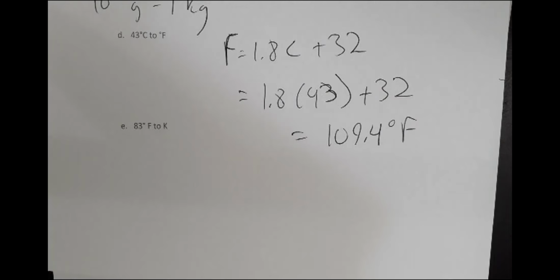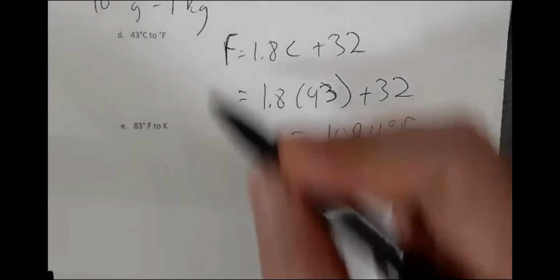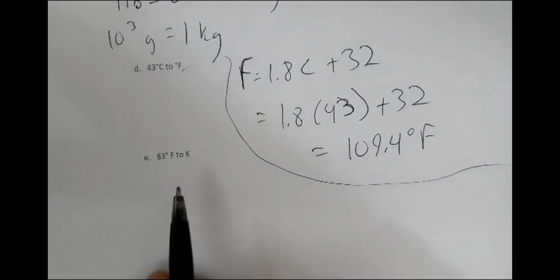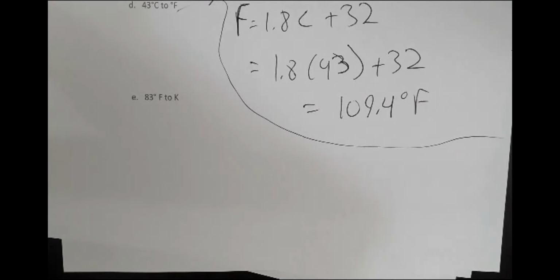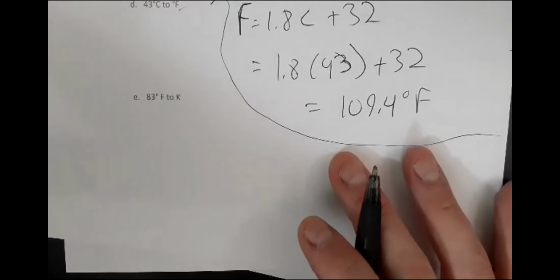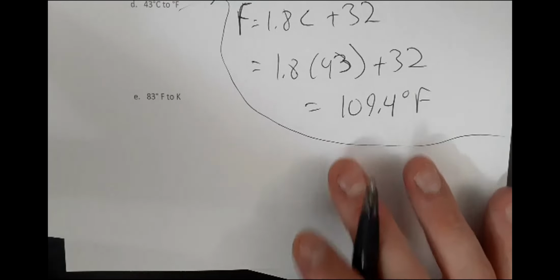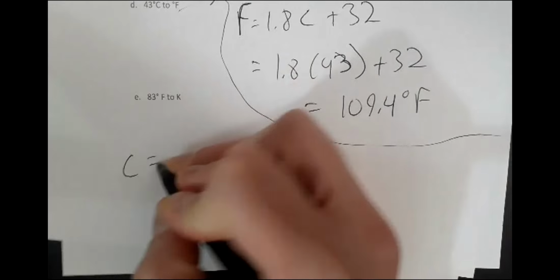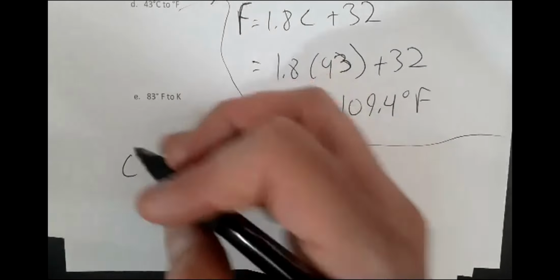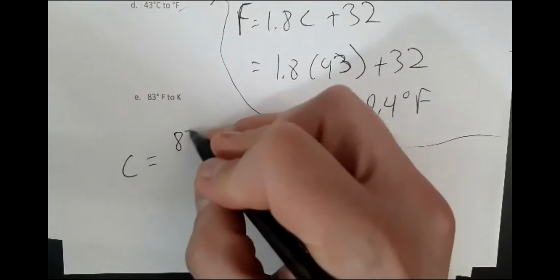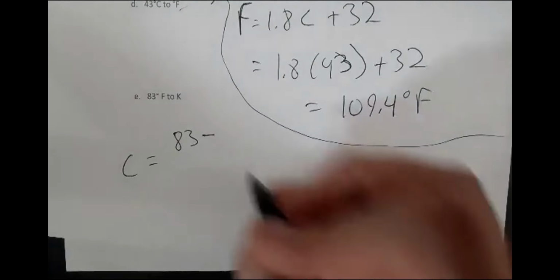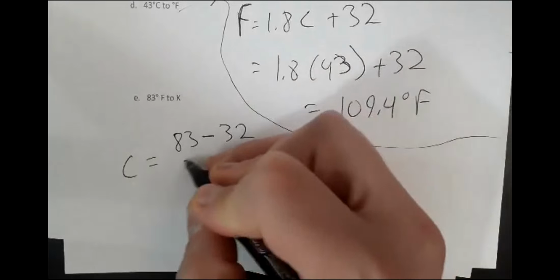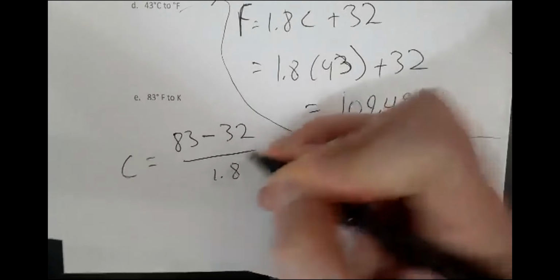Now we're starting with the other one. If we start with Fahrenheit and we want to go to Kelvin, what do we have to do first? We can't just go straight to Kelvin. You have to figure it out in Celsius first. So I take my Fahrenheit, which is 83, and using the other formula, I subtract 32 and divide by 1.8.